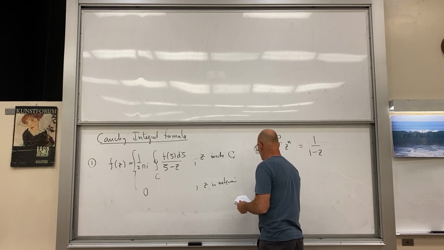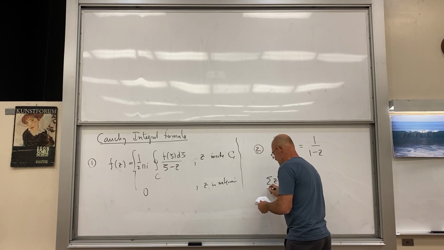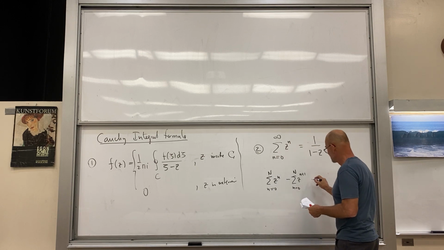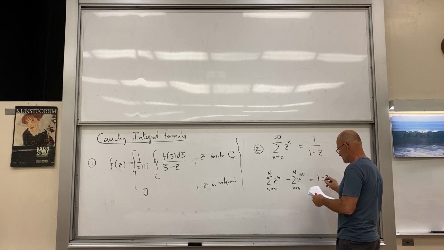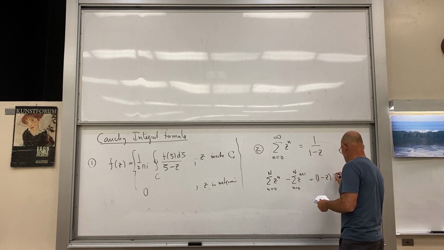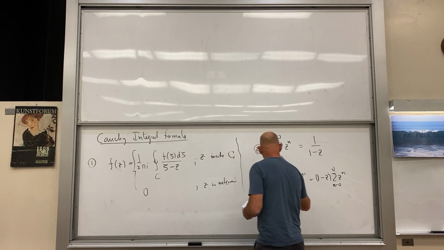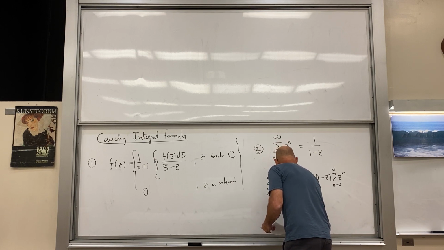So here's what I have. z times the sum over z to the n, n equals 0 to capital N, minus the sum over z to the n plus 1, n equals 0 to capital N, equals 1 minus z times the sum over z to the n, n equals 0 to capital N. On the other hand, this side here is just 1 minus z to the N plus 1.